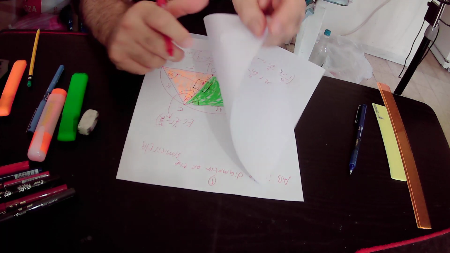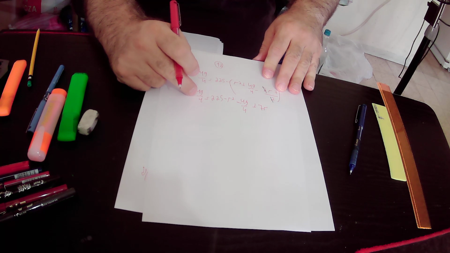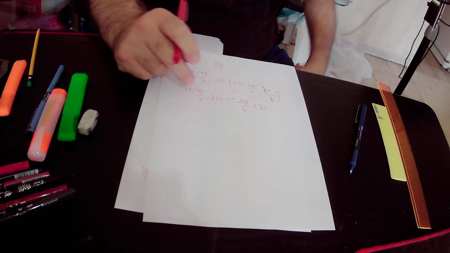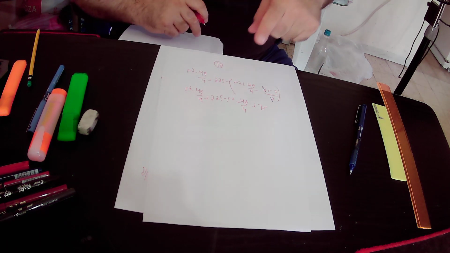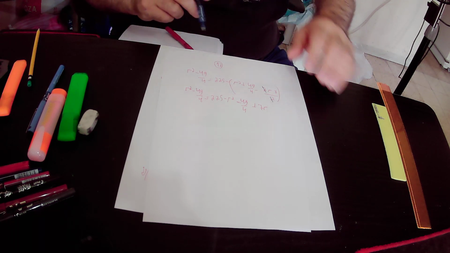So here we have minus 49 over 4 on this side of the equality, and we have minus 49 over 4 on the other side, so we can cancel minus 49 over 4.